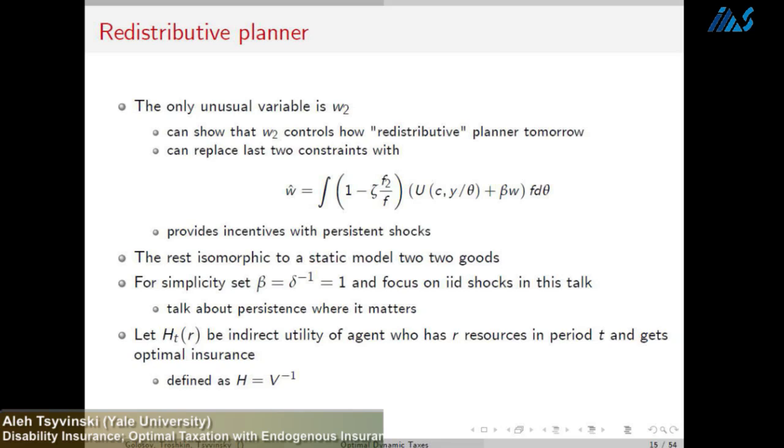This assumption on the stochastic process says that the probability of an agent who deviates to the lower type being a particular type today is lower than the probability of ending up this particular type today if you didn't deviate. So putting this extra weight in the objective function helps the planner to ensure that these deviations are not profitable.